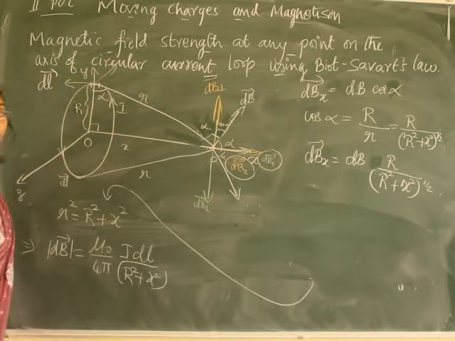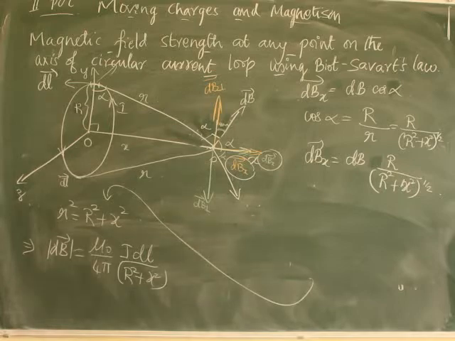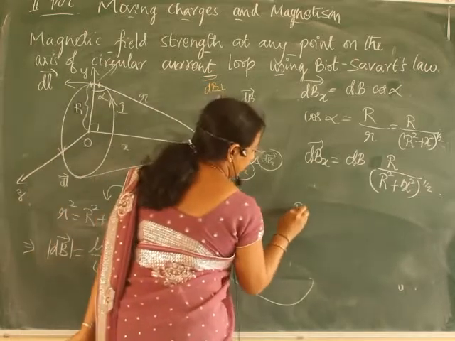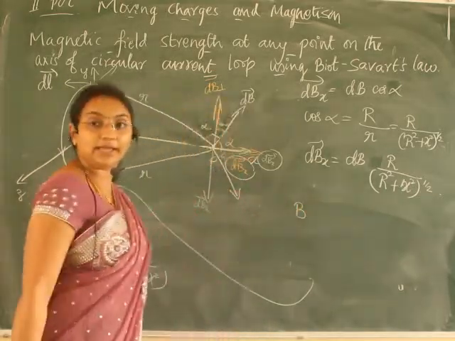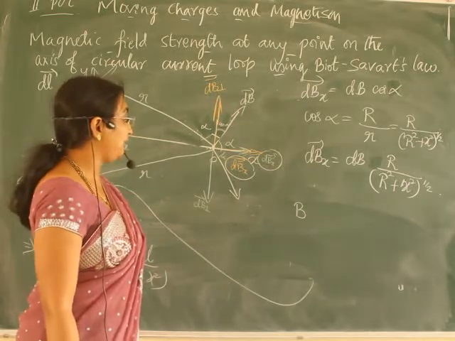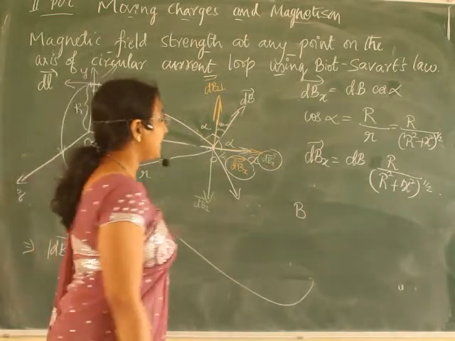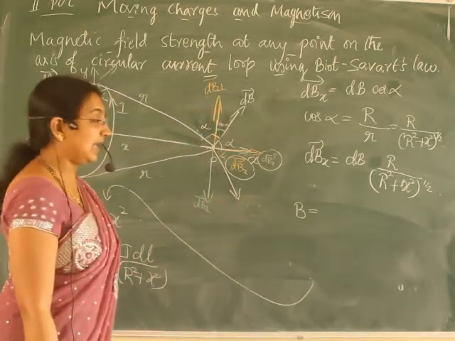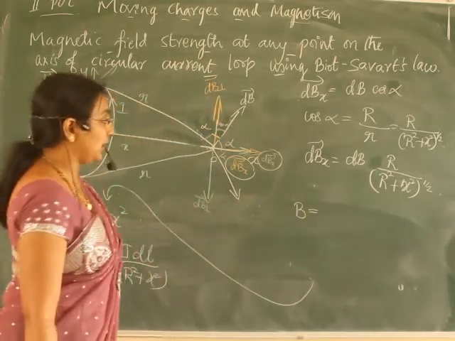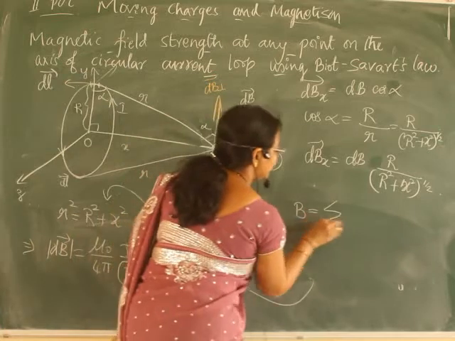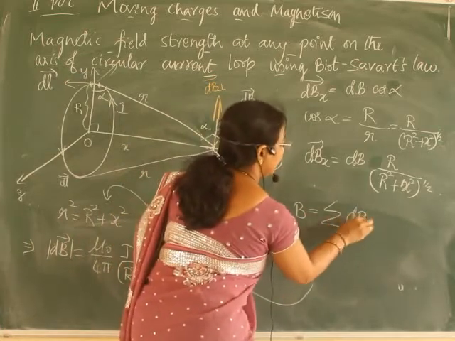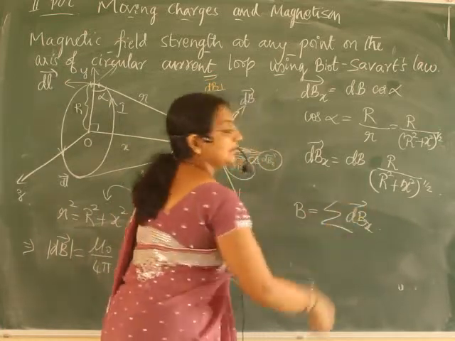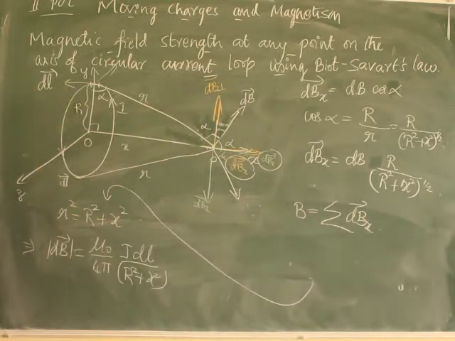So what I will do is, I will take the total magnetic field at the point P as B is equal to summation dBx.